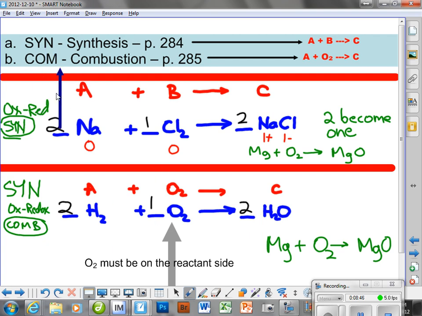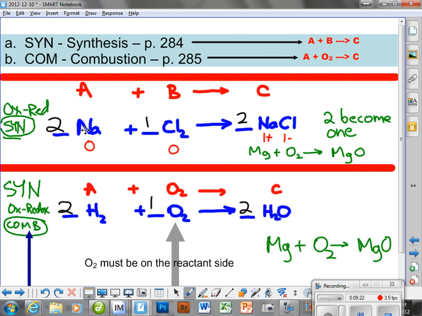Let's go down and look at combustion. So I'm doing combustion here. I called this a combustion reaction, but it is also classified in 2 other ways, as synthesis, which is the first one we talked about, and as oxidation reduction, and it is a combustion reaction. Now, why is it a combustion reaction? Because of this guy right here. If these guys come together, that means we have combustion, but it requires oxygen.